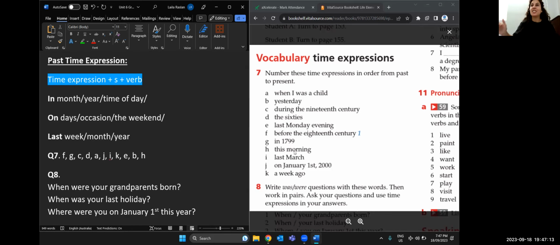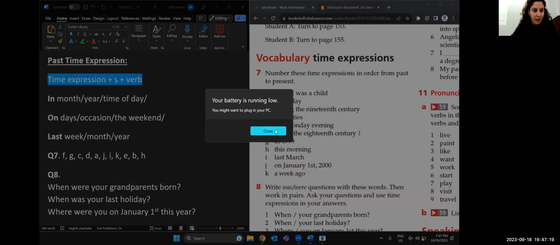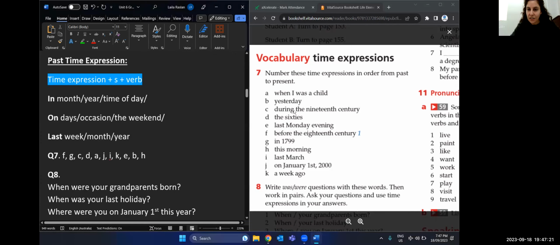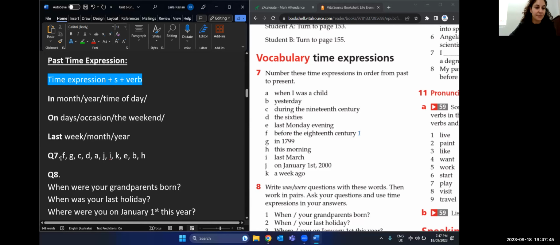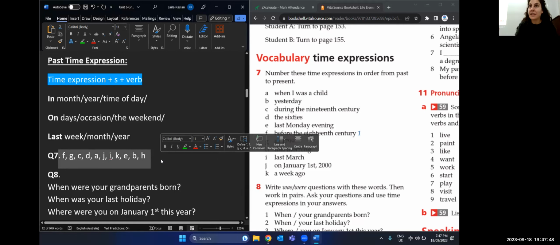That's right. So can you see how we moved from before the 18th century? The first one was, sorry, before the 18th century. And you could see that we moved to the 19th century, to the 20th century, to the 21st century, to when I was a child, to last year, last week, last month, this morning. So that's how we use time expressions now with the subject and the verb.